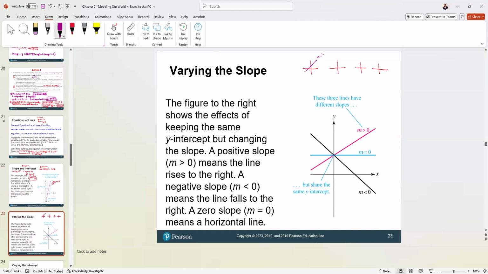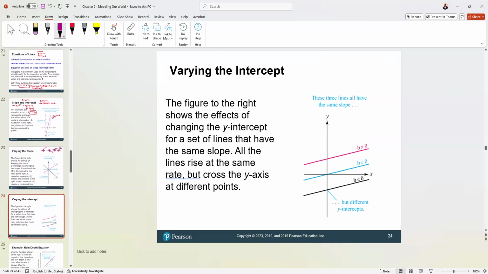This is a negative slope, so it falls from left to right. If m is 0, then you're going to have a horizontal line. If the slope does not exist, then it's going to be a vertical line. So it all depends on what you do.